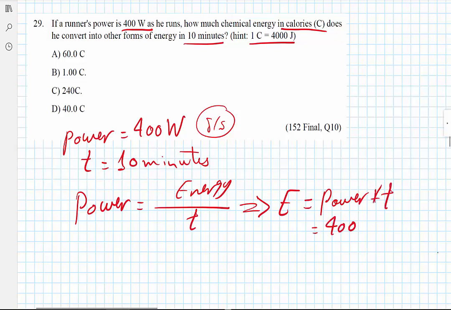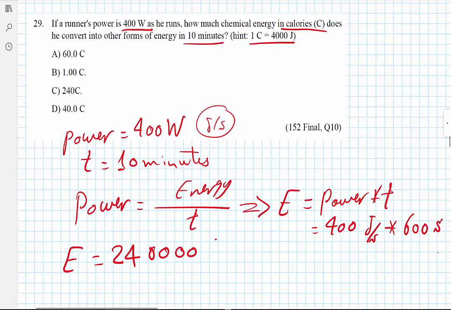So the energy which is required equals the power, 400 joule per second, times the time, 600 seconds. The result will be 240,000 joule.